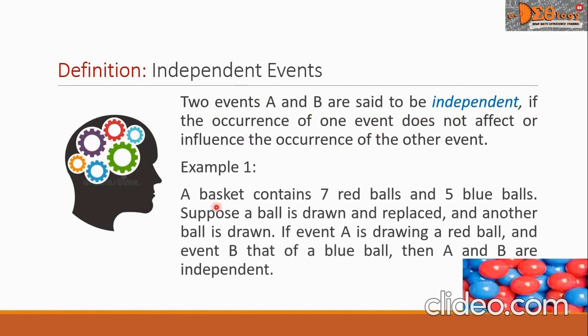Example 1. A basket contains 7 red balls and 5 blue balls. Suppose a ball is drawn and replaced, and another ball is drawn. If event A is drawing a red ball and event B that of a blue ball, then A and B are independent.